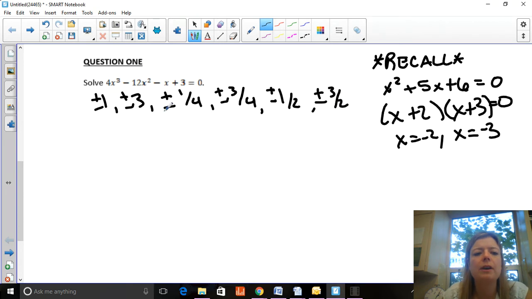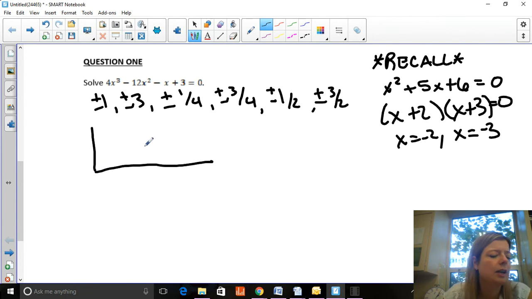So I'm hoping that I can find one of these, okay? So I go through and do my synthetic division, and I try stuff, and I'm looking for a remainder of 0 to show it's a factor, okay? Because I'm not actually teaching factoring here, I'm not going to go through the whole guess and check process. I'm just going to tell you guys that if you use 3, it will work, okay?